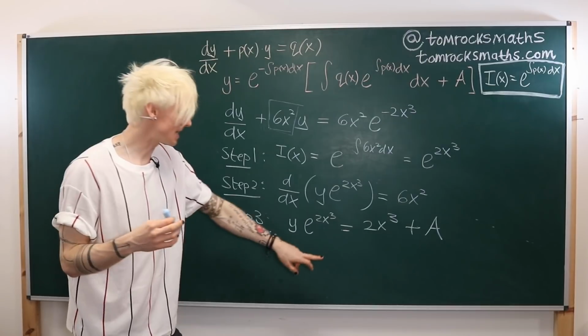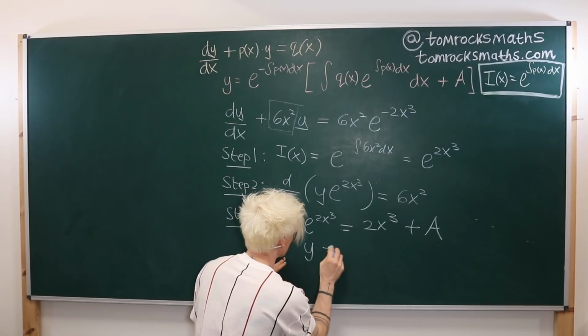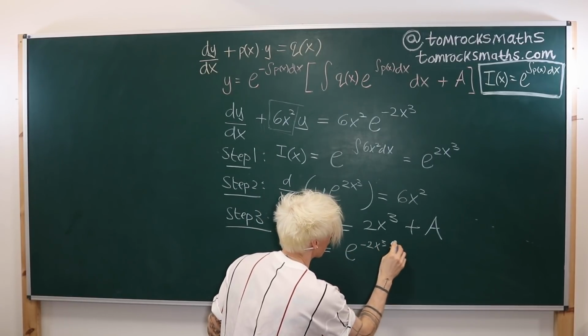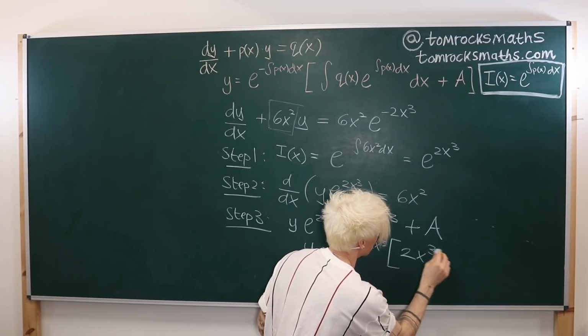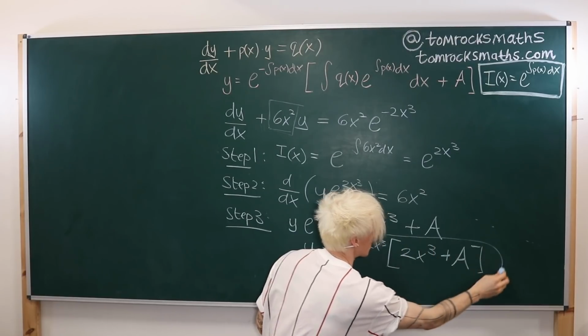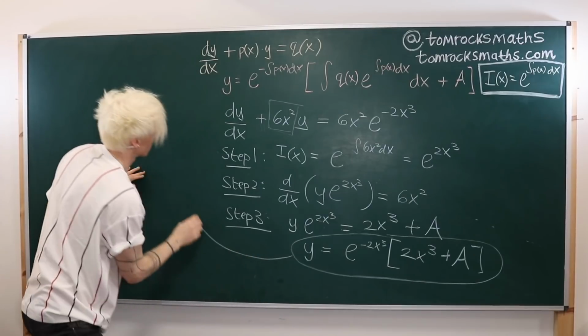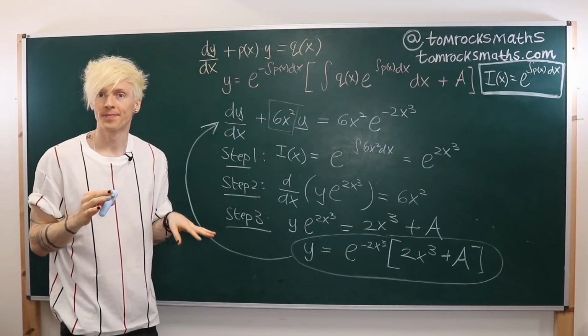Now we just divide by the e to the 2x cubed term to get the final solution, y equals e to the minus 2x cubed multiplied by 2x cubed plus a. And this is our solution to the original differential equation.